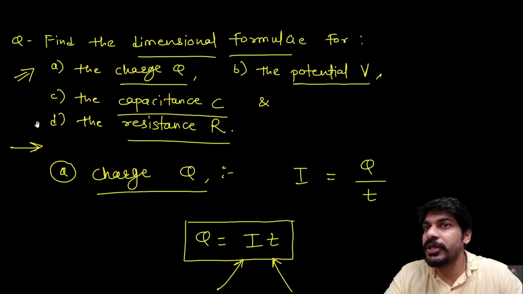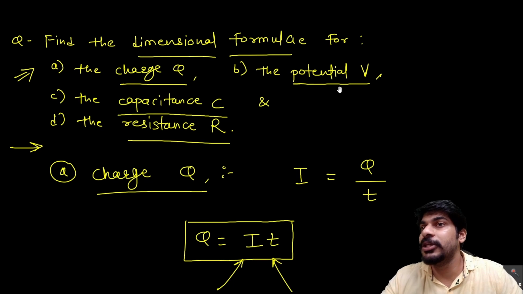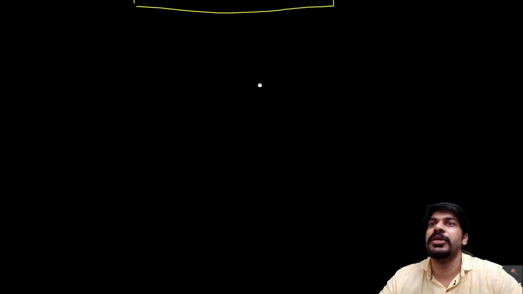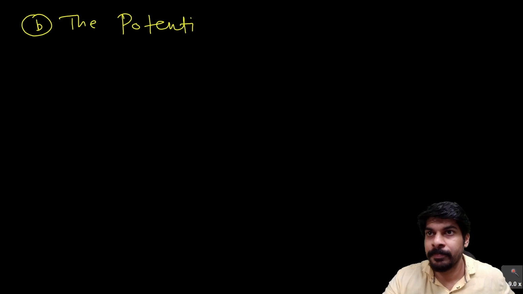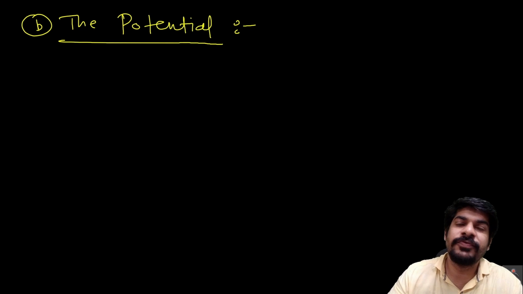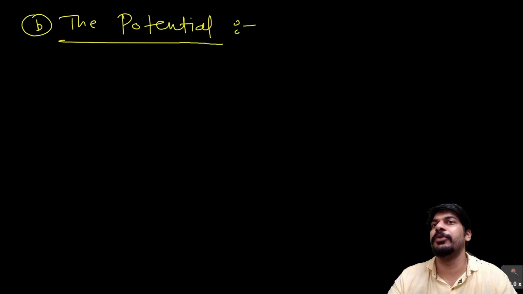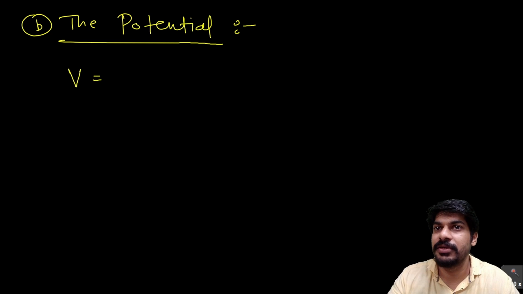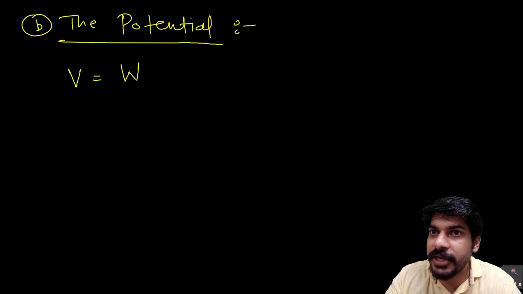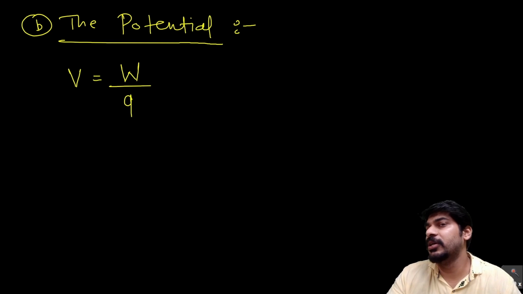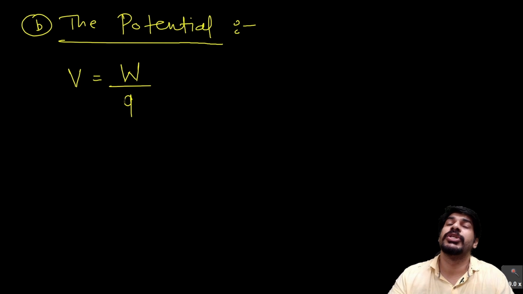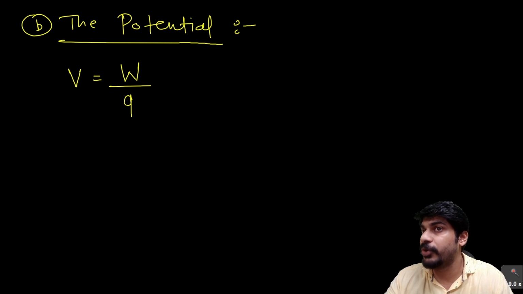Now let's move to the next one, that is the potential, or simply the electric potential. The formula associated with electric potential is this one. It is the work done per unit charge. This is the simplest formula associated with the work and the potential.